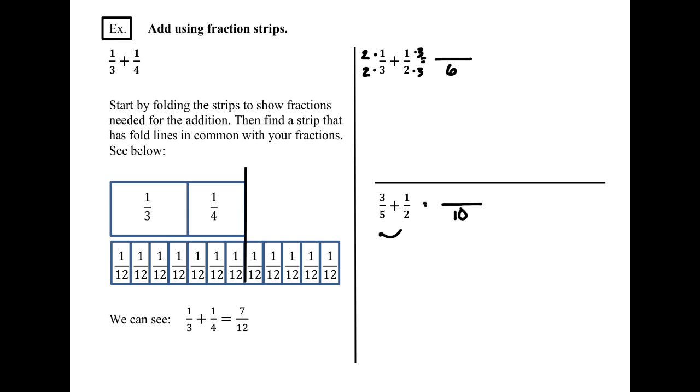We cannot add straight across unless the denominators are the same, and they're not. Because we're adding the same size, we need to add the same size pieces. So you've got to change them, like we had to change 1/3 to 12ths and change 1/4 to 12ths so that we could add the 12ths because they're all the same.